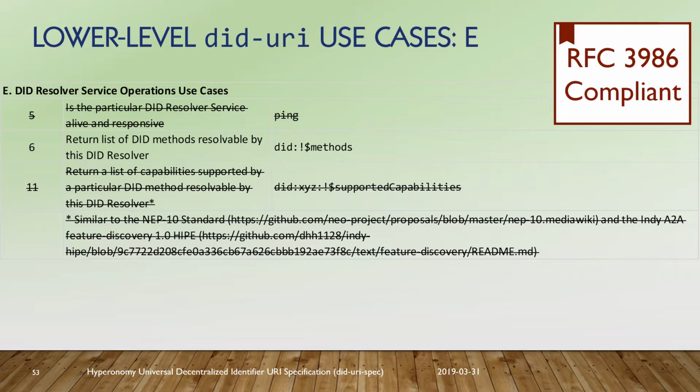So in category E, DID resolver service operations, we've really reduced this down at this point to a single DID URL use case, which is the ability to query the DID methods that are supported on a particular resolver.